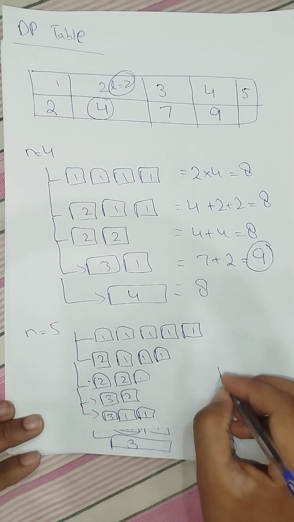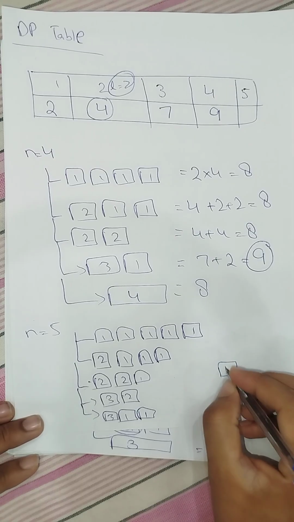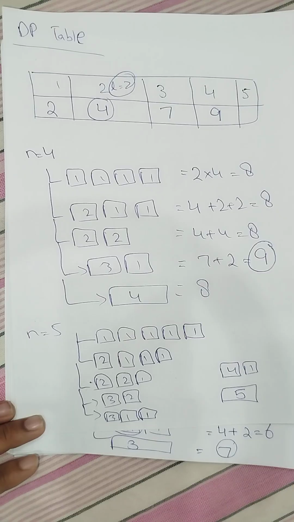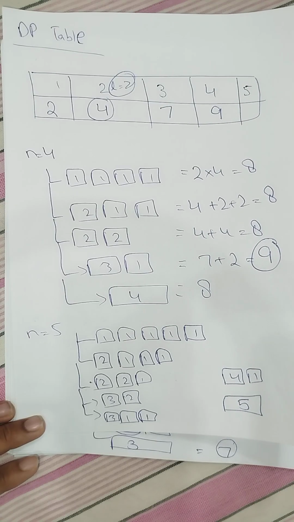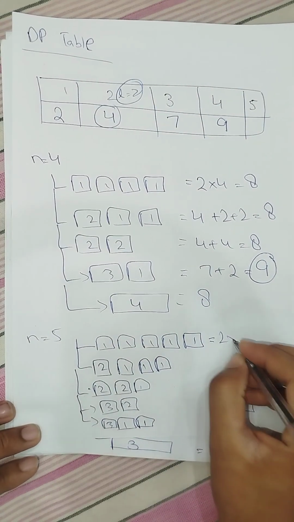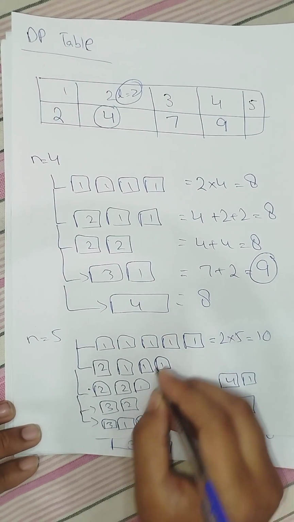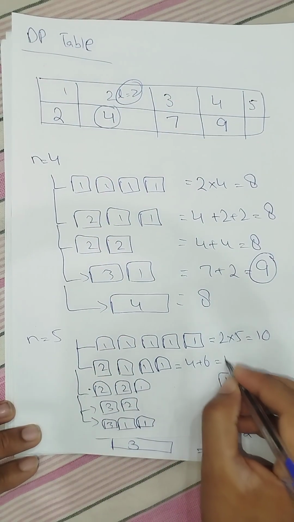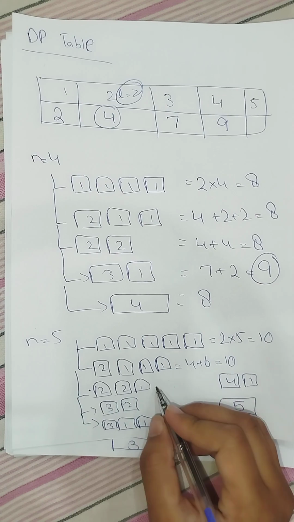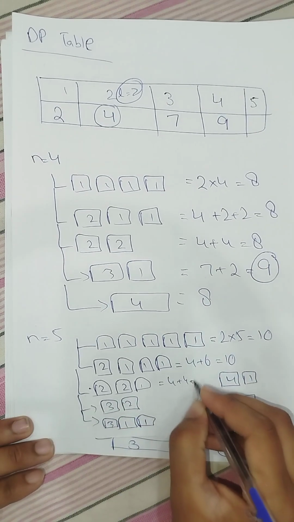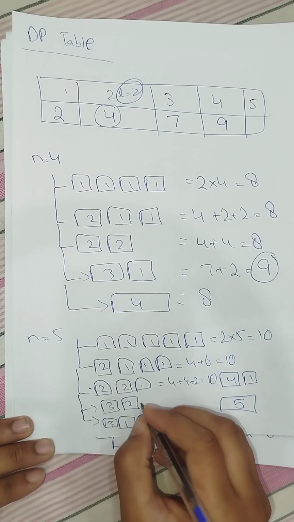Also we can go for 4 1, and then the entire unit of 5. So these are all the possible ways we can cut this rod into the respective subunits. For the first we will have 2 multiplied by 5 is equal to 10. This one refers to 4 plus 6 is equal to 10. For 2 2 1, we get 4 plus 4 plus 2, here is also 10.